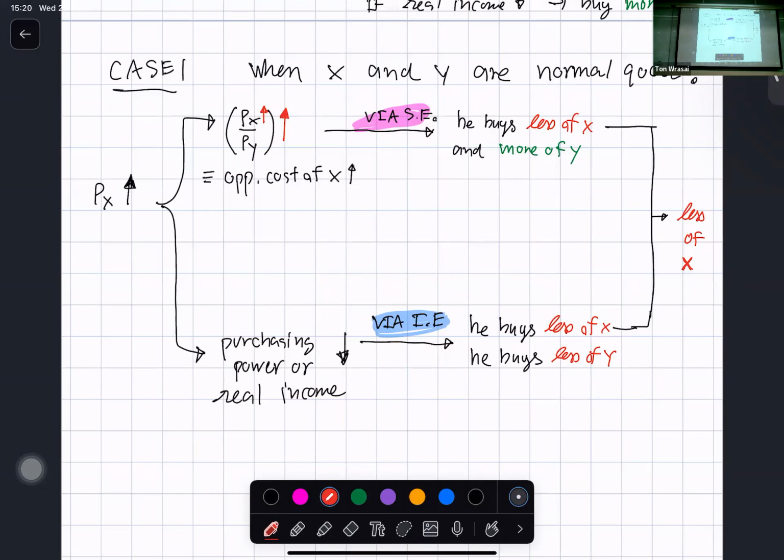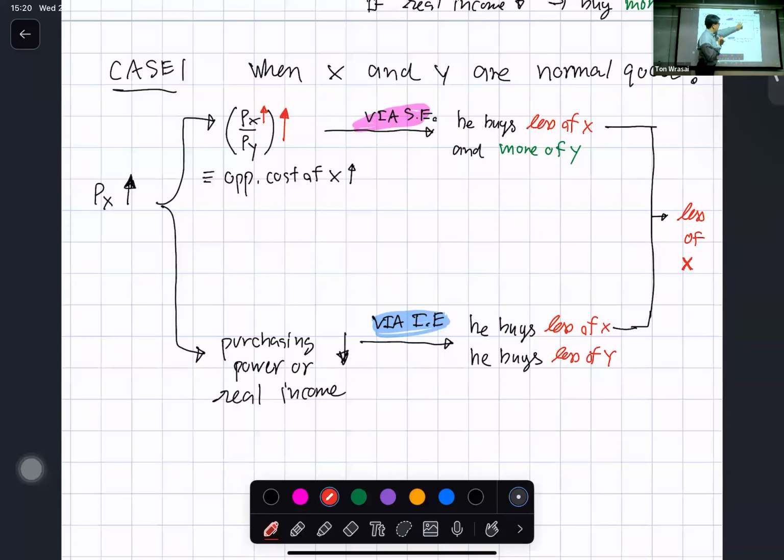If more of good Y, or the other option, less of Y, then it depends on which one is stronger. Then what you should say is, if SE that drives him to buy more of Y is stronger than IE that drives him to buy less of good Y, then at the end he will buy more of good Y. So here the effect on good Y depends.